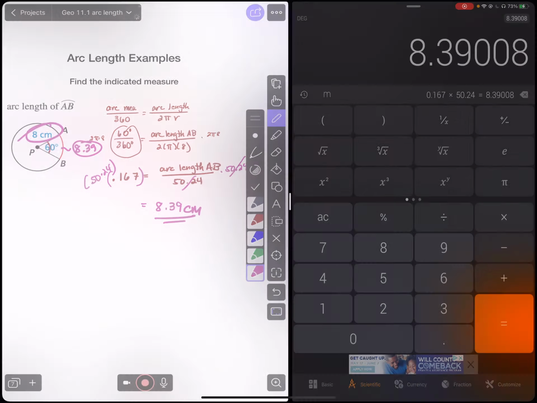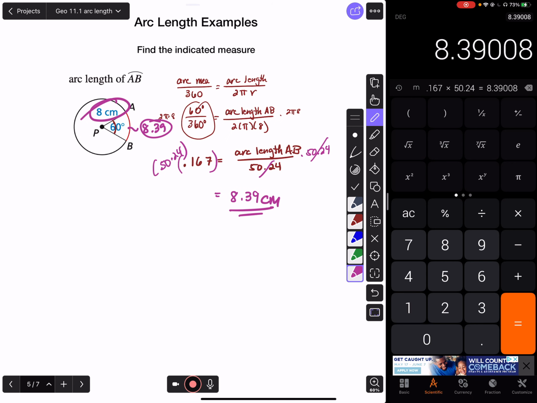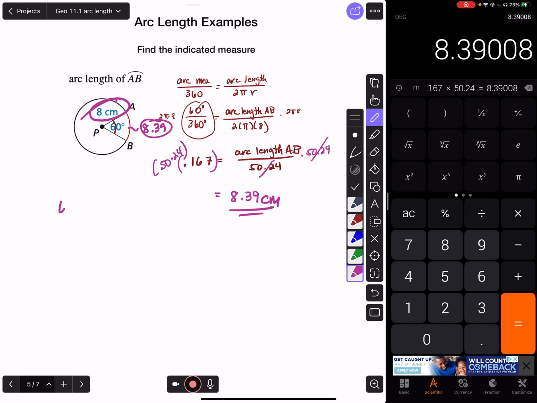Now, I think a better way, and maybe this is because this is how my head works, I go, all right, the arc length I'm trying to find is 60/360ths of the circle. Well, dividing by 10, top and bottom, 6 over 36 simplifies to 1/6.